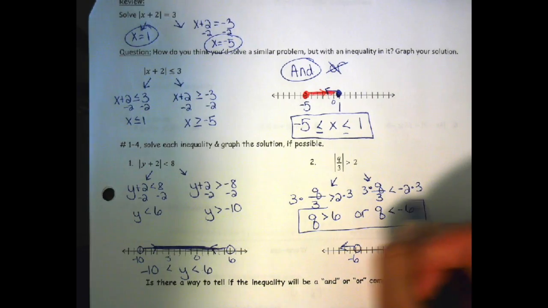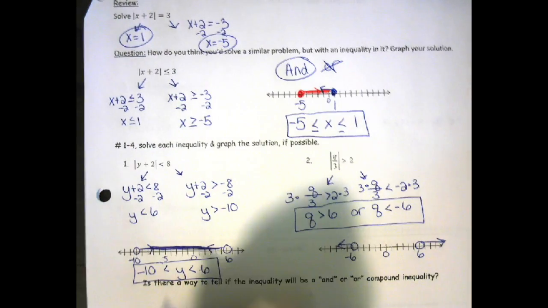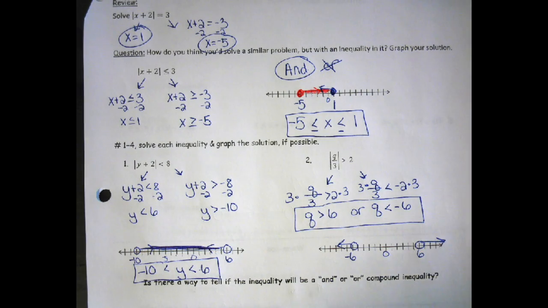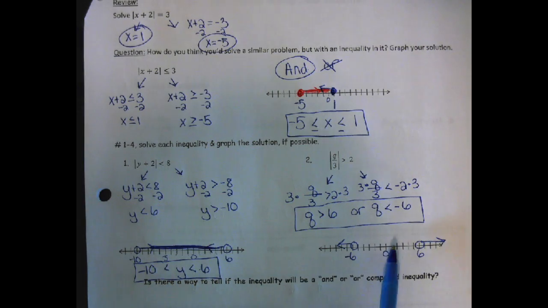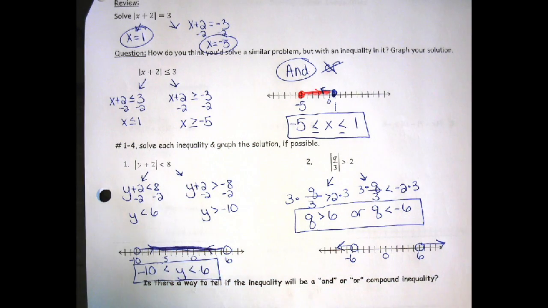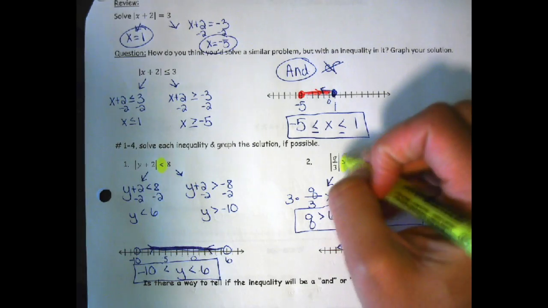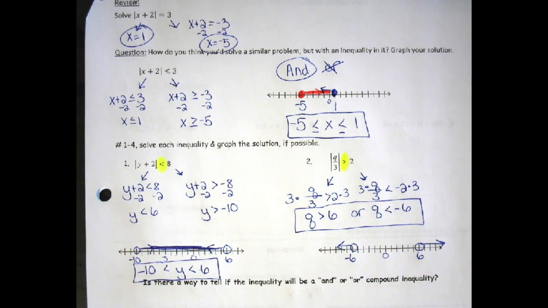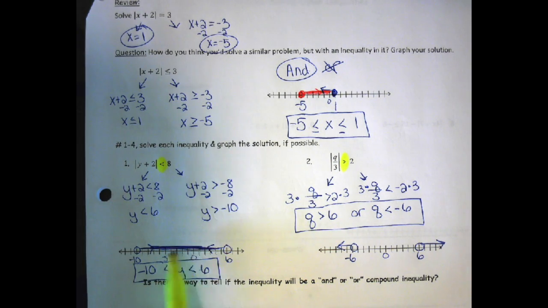Now, hopefully you're noticing that the graph really helped me know what I should use, whether it was the and or it was the gap for the or. But there is another short way to tell. So if you look back up at the original, you see these symbols? If you have the less than, it's the and.